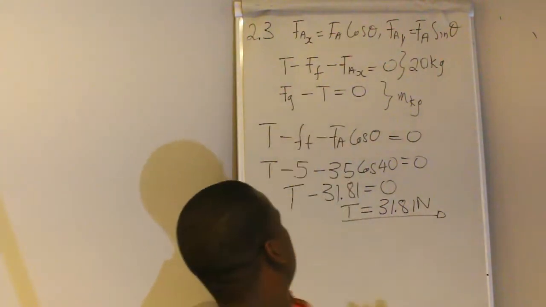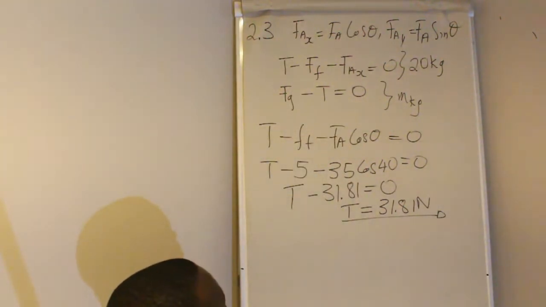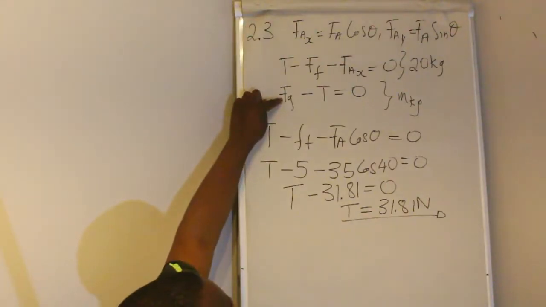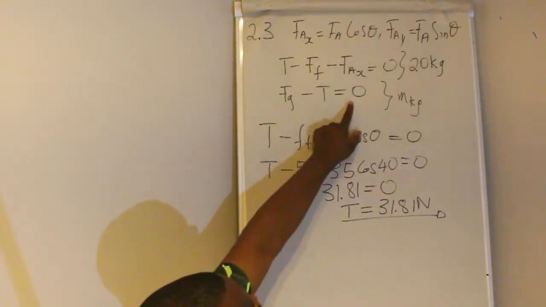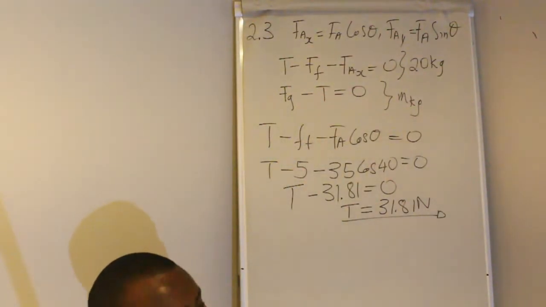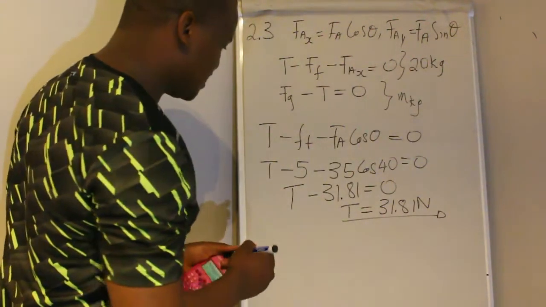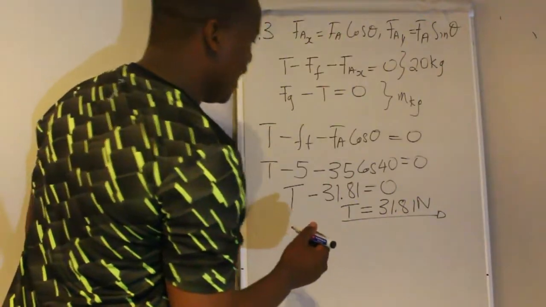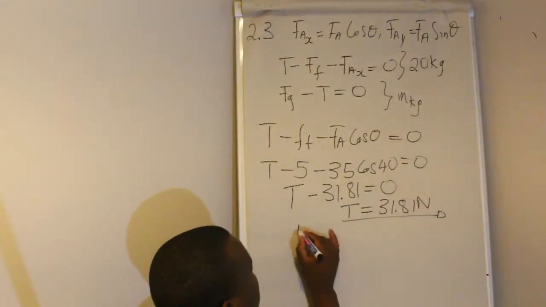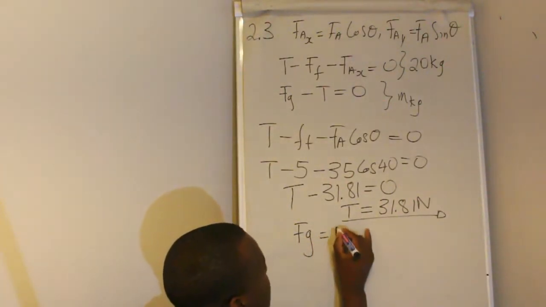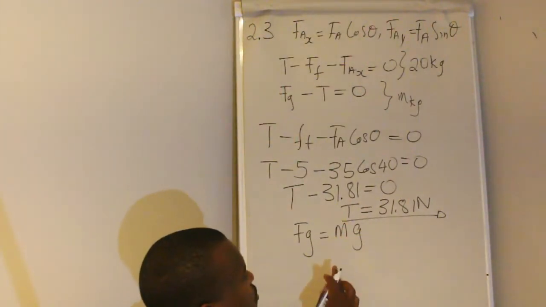Now you go to your second equation. Second equation, you have Fg minus T is equal to 0. Fg is the force of gravity. To calculate the force of gravity, it's simple. Fg is equal to the mass times gravity, which is 9.8.